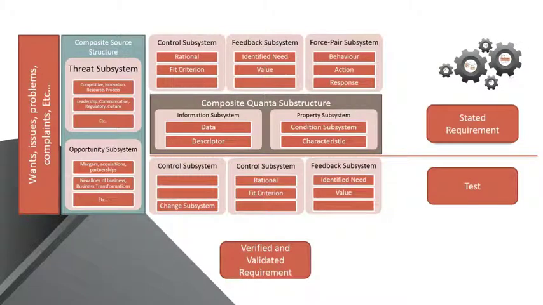Well, when we want to assemble our requirement, remember what we've done so far. We've taken some issues, complaints, problems, a change request. Something has come to us. It could be a threat to the organization. It might be an opportunity of some sort. As good business analysts, project managers, and project teams, we should always be trying to turn our threats into opportunities whenever possible, or creating opportunities from our threats.